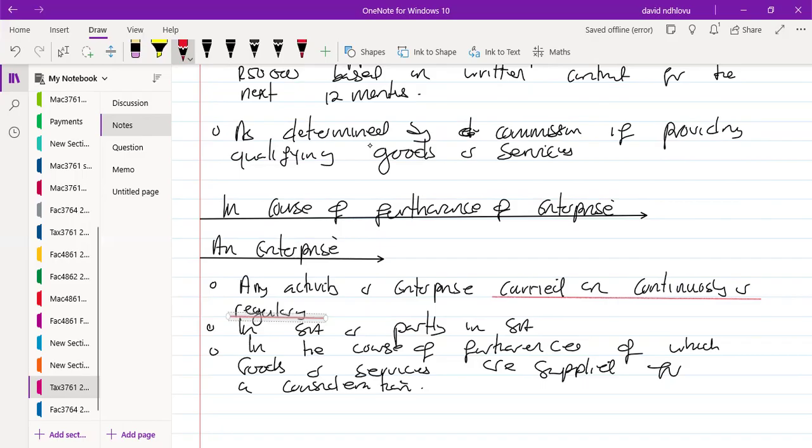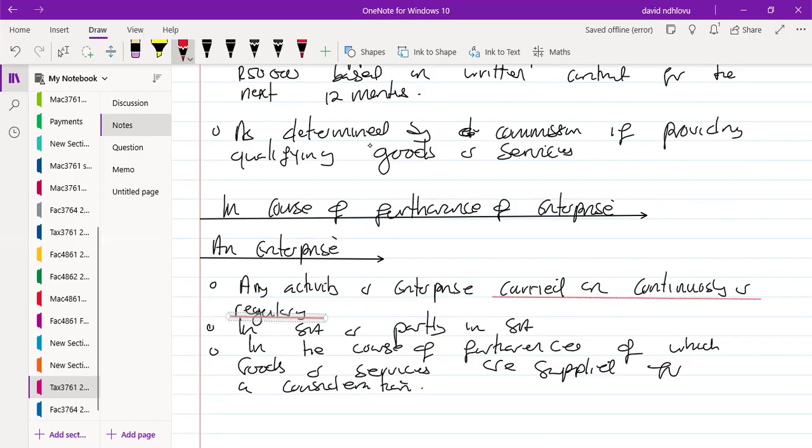For example, if you are betting at a sports bet and you win a certain amount of money, if it's a once-off thing, you are not expected to pay VAT. You can pay other taxes, but not VAT, because that's a once-off activity.